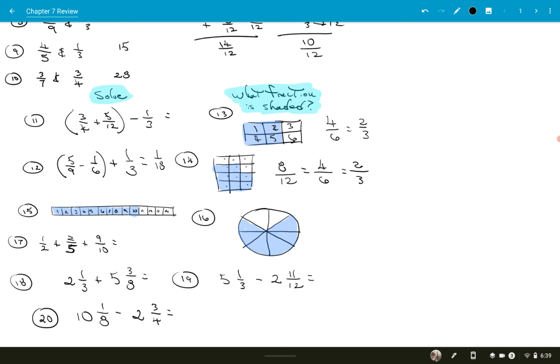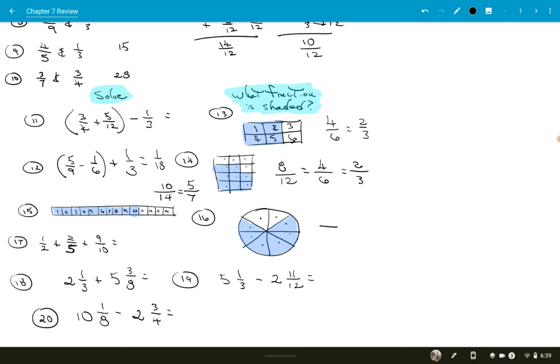Look at number 15. How many parts are there? Looks like there's 14. So it's going to be something over 14. How many are shaded? 10 of them. And that can be reduced to 2 goes into 10 5 times. 2 goes into 14 7 times. 5/7. Number 16, again, how many parts are there? 1, 2, 3, 4, 5, 6, 7, 8.